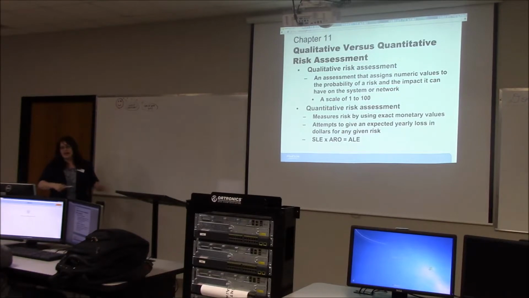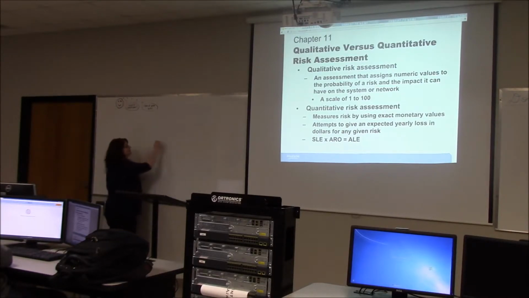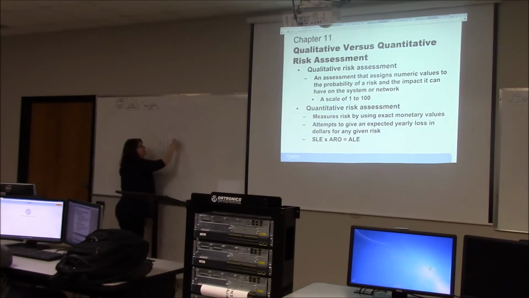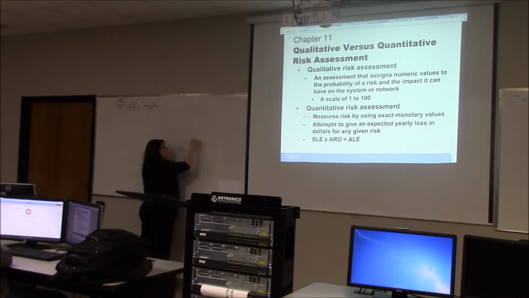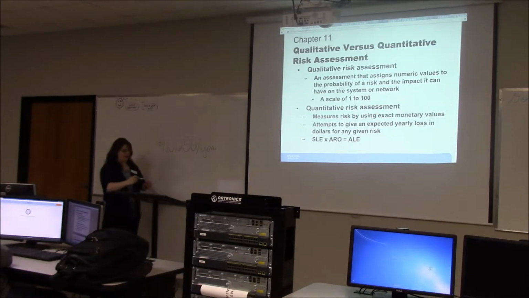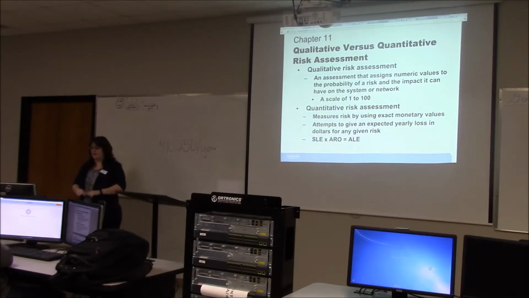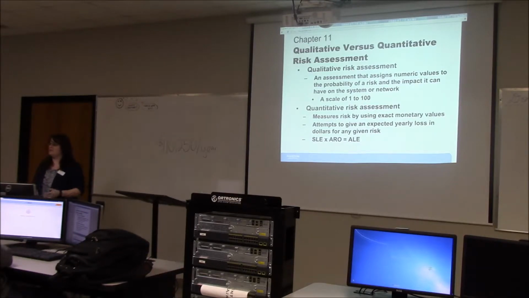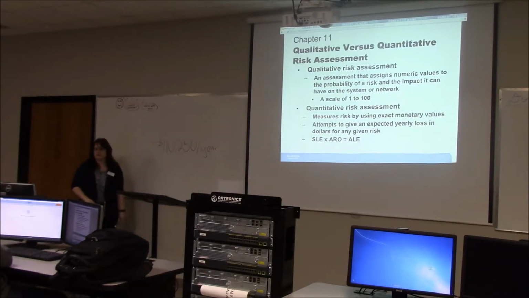But if I decide that I have a web server, and I lose $110,250 a year when that web server goes down, so every time it goes down it costs me $15,750, and that happens about 7 times a year, I end up getting that number, right? That's a pretty significant amount of money.